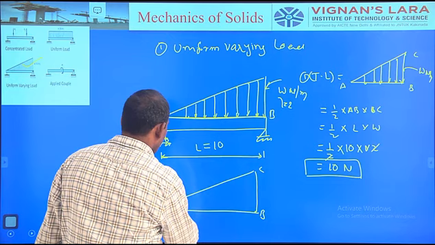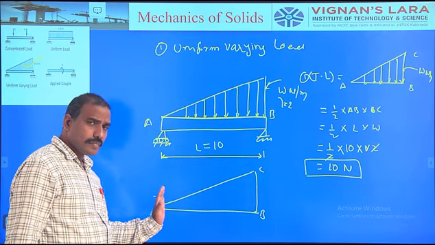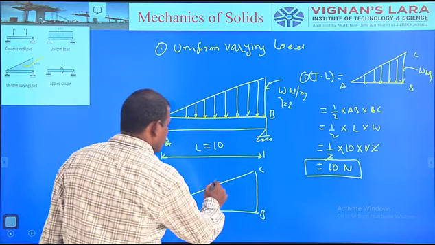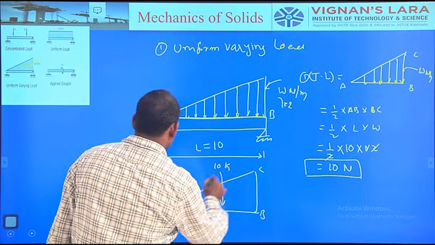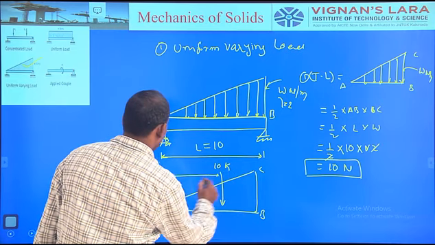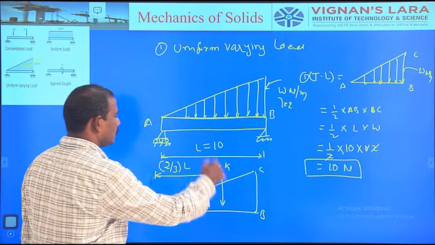If you want to measure from A, the slant side vertex, the 10 newtons is at 2/3 of the base, whatever the base L is.